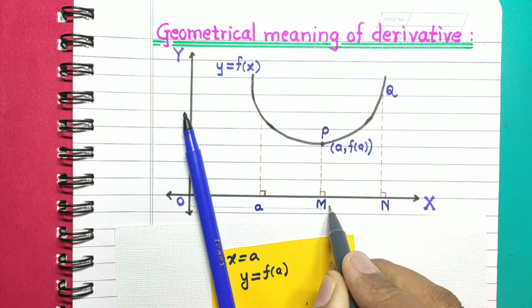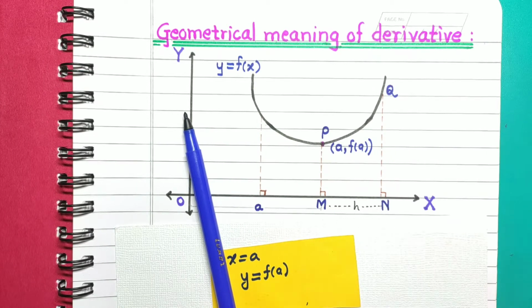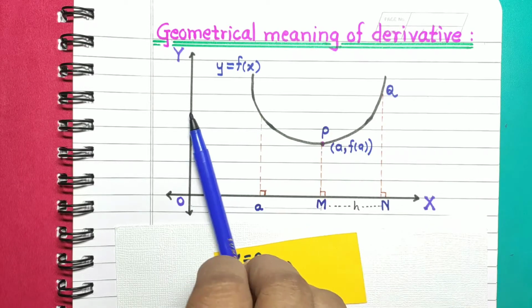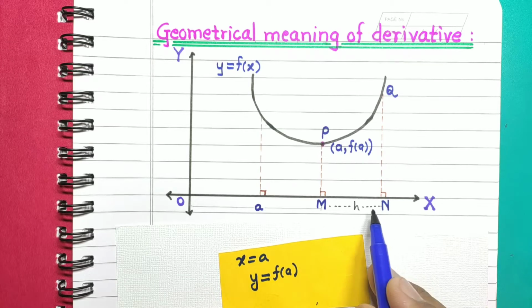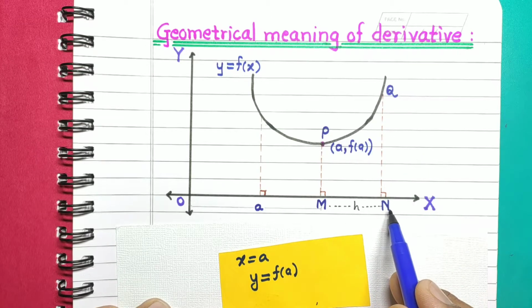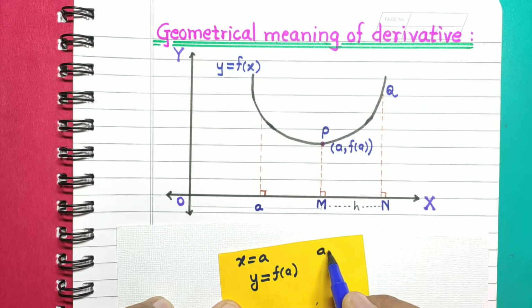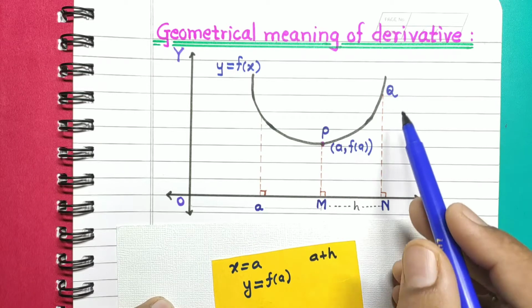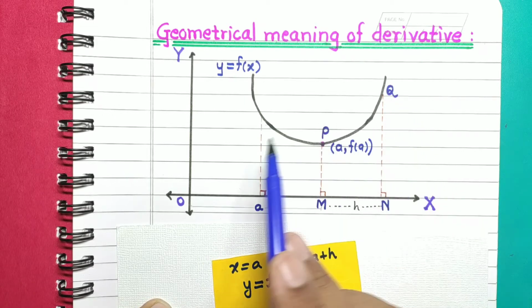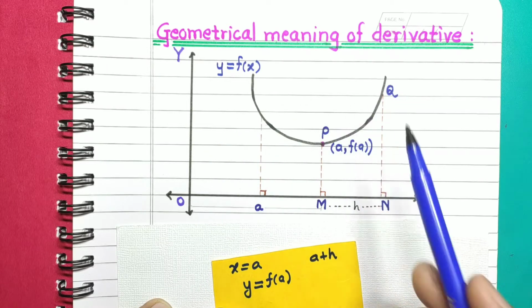See, this small h is the distance between point M and N. It is a very small positive real number. So point N is at a distance of a plus h units from y-axis, and therefore point Q is also at a distance of a plus h units from y-axis.